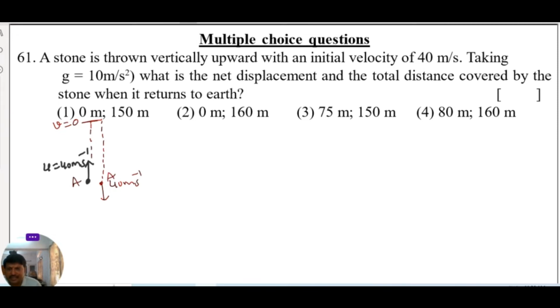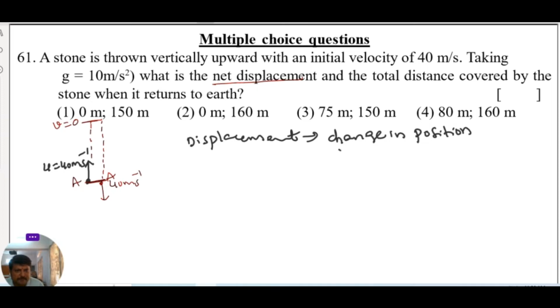So what is the net displacement? Displacement means, we already know very well, change in position. That means final position minus initial position.